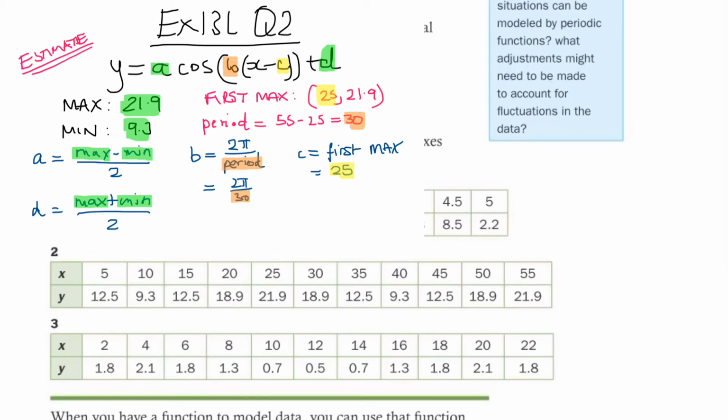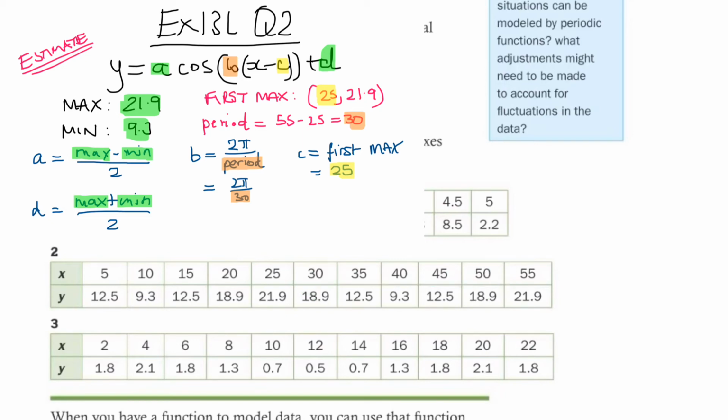And if I go to the next time it's 21.9, it's at 55. So that means that one cycle is between 55 and 25. So one cycle is 30. 55 minus 25 is 30. So one cycle between 21.9 and the next 21.9 is 30.